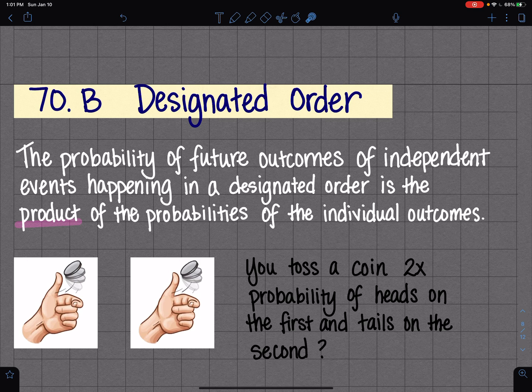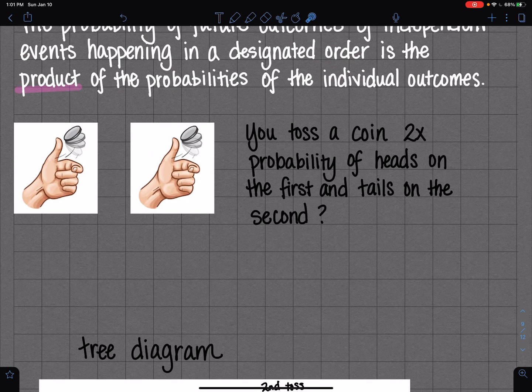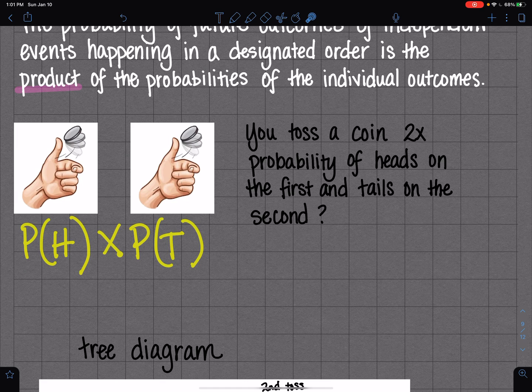And this makes it a little bit more complicated, but it's actually interesting and easy to figure out. Because all you do is you find the probability of the first one, like the probability of heads, and then you find the probability of tails, and then you multiply them together. And that's what the answer is going to be.